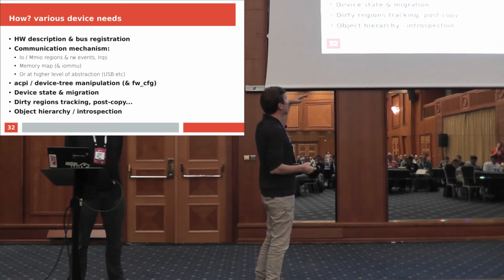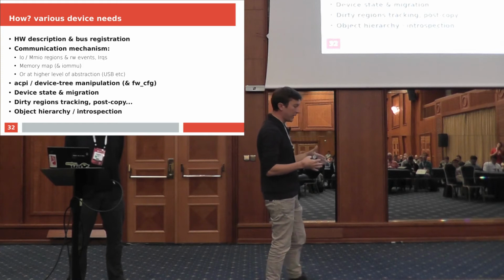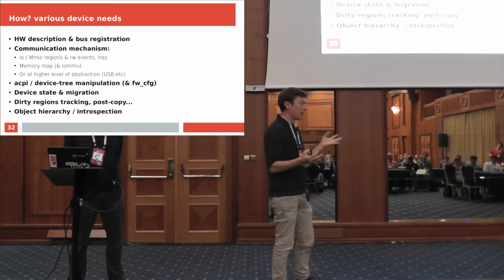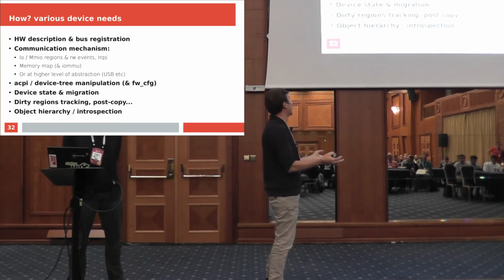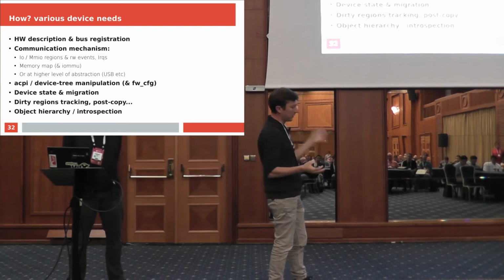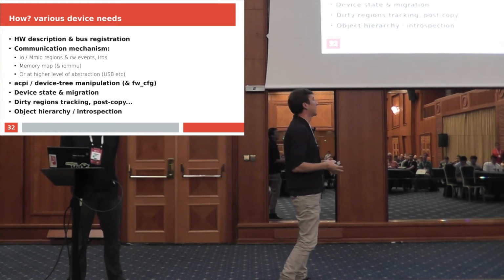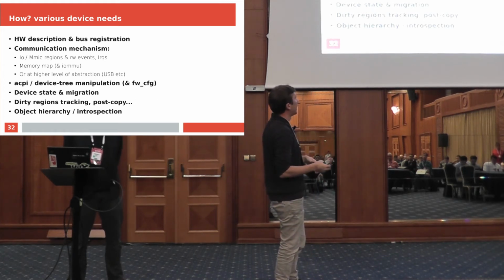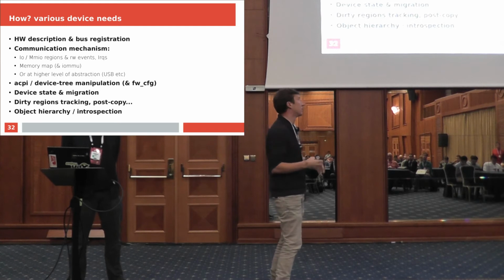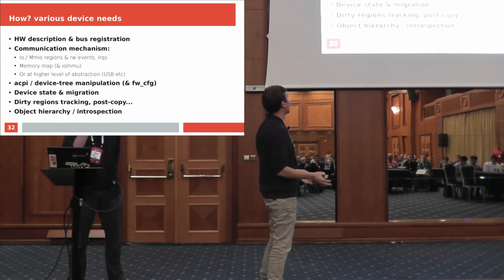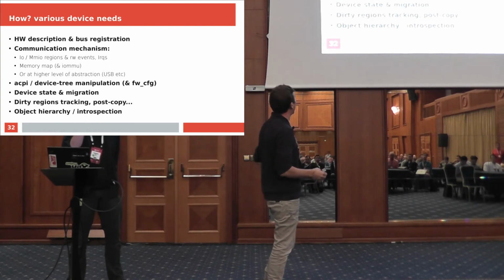A device usually needs to be introspectable and discoverable, and to interact with it. Sometimes you need ACPI registration or tables, depending on your device. Device tree is similar. You need to describe where your device is located, and a lot of details.